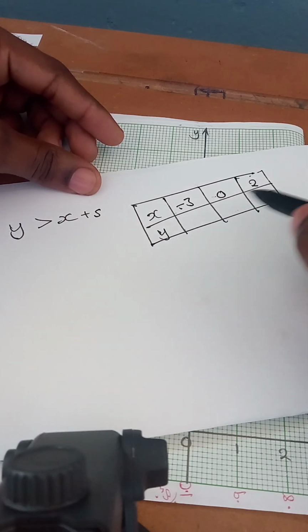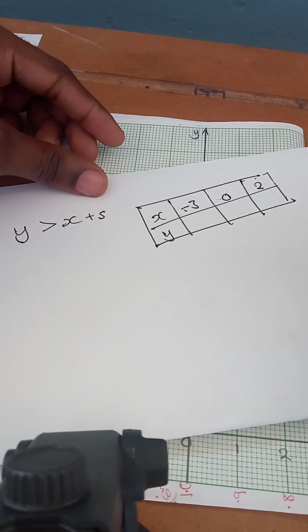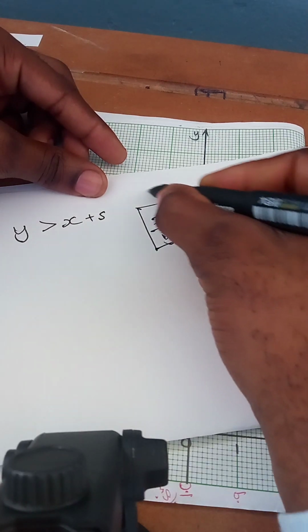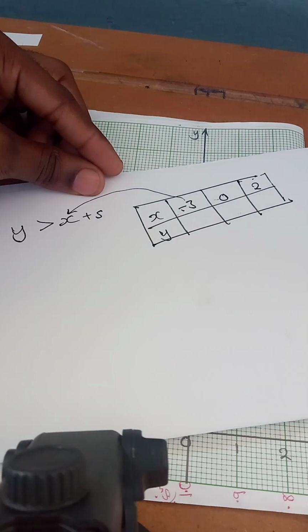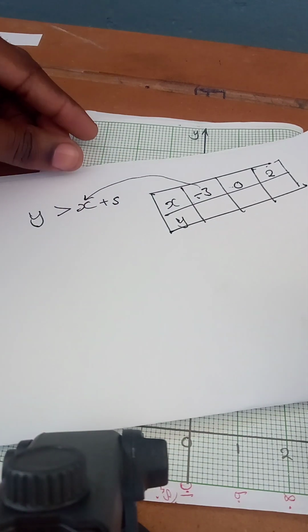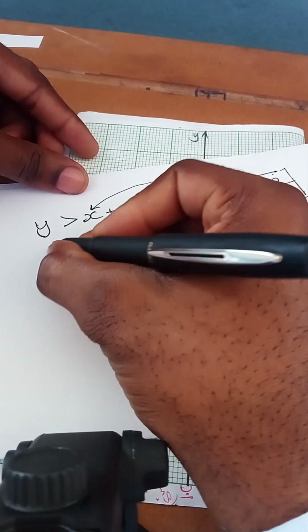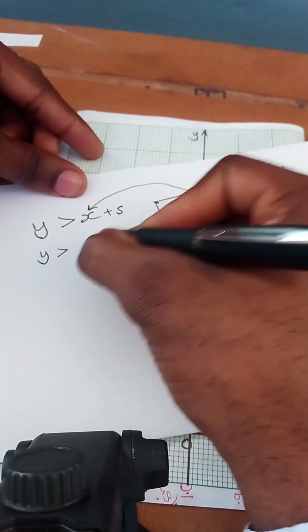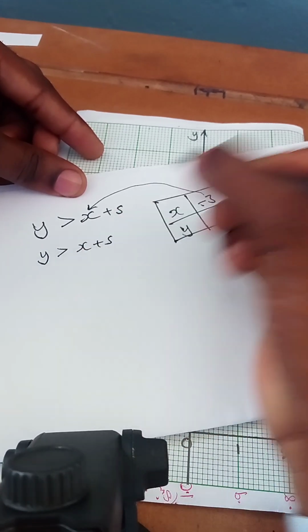So to fill these other boxes, the y boxes, all you need to do is substitute this x value in the given equation, and then you should be able to find the corresponding y value. So we have y is greater than x plus 5.